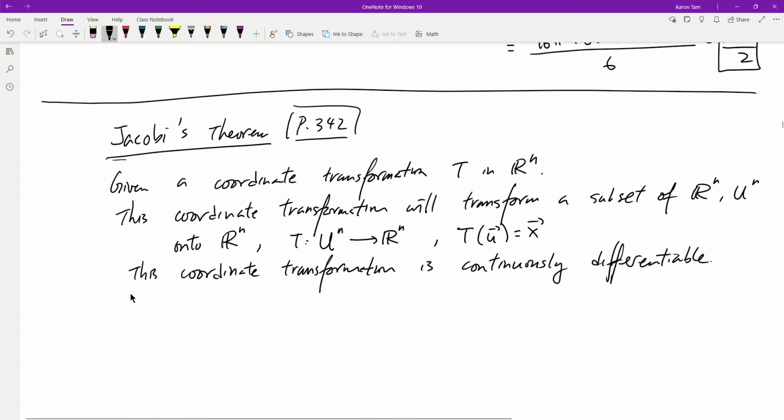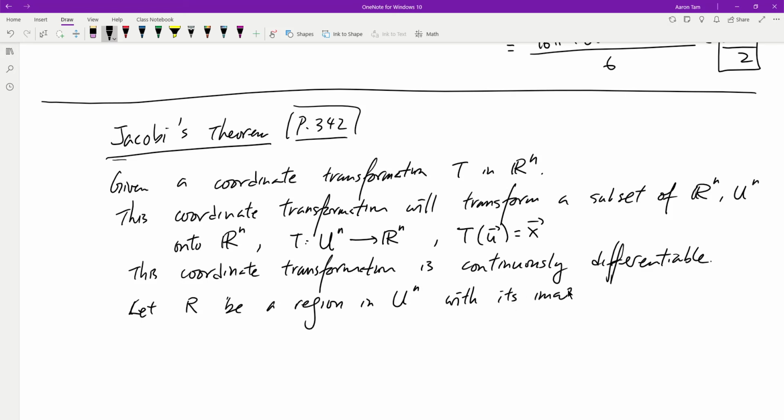And we're going to define two regions. Let R be a region in the domain of this transformation with its image T of R in Rn.